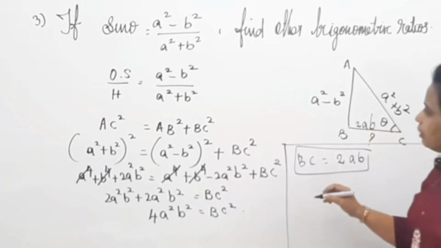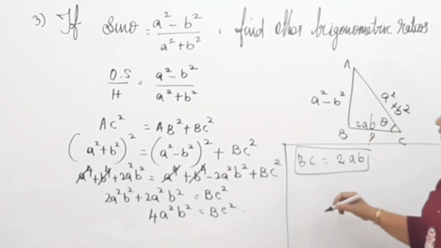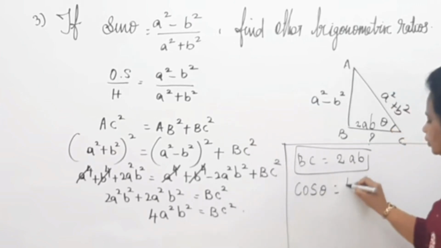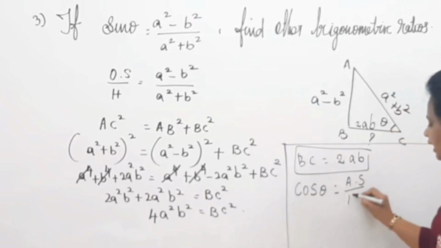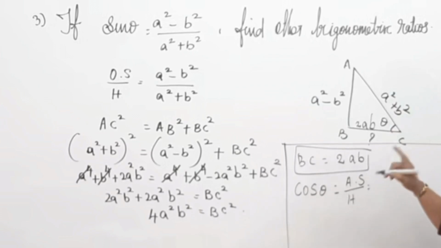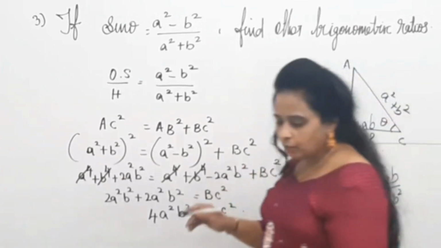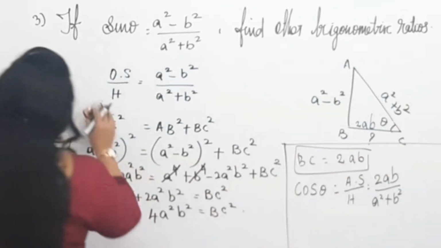Now I would get my ratios. The sine theta is given, the next one is cos theta, which is equal to adjacent side by the hypotenuse. That is equal to the adjacent side of theta, 2ab, divided by the hypotenuse a square plus b square. Now I would get all the other ratios.